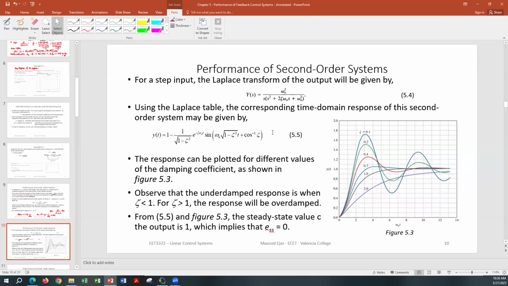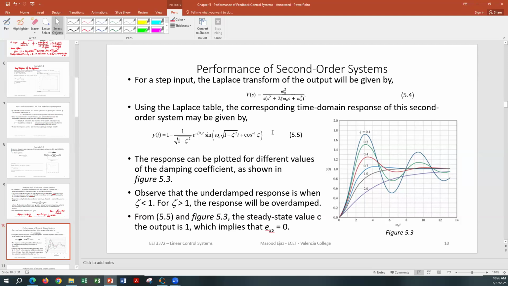And it is plotted in that figure for different values of damping coefficients. As you can see, 1 is the black one, overdamped response, 2 overdamped response, but if it is below 1, then you will always have a peak and then it comes down. So it will always be an underdamped response.